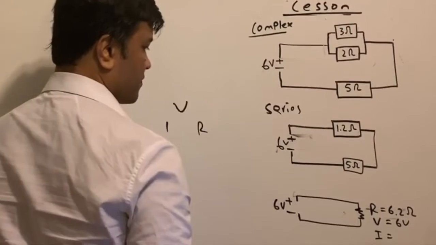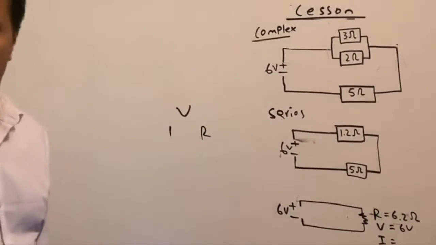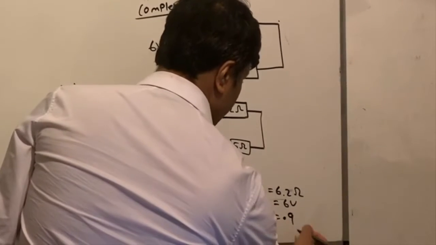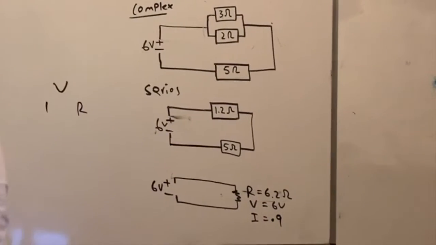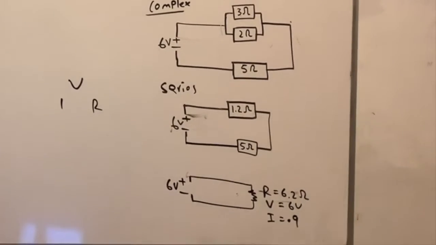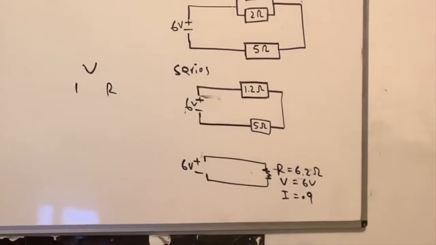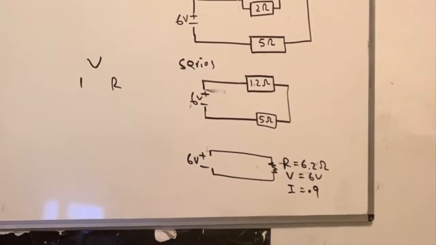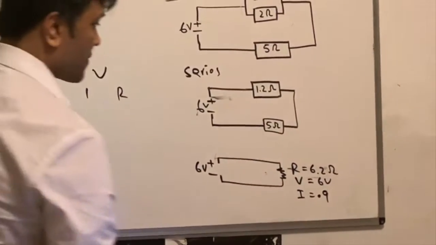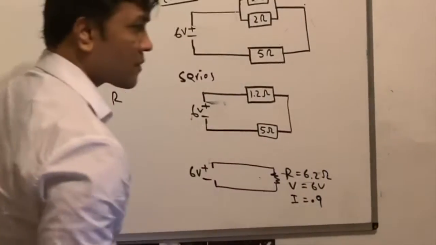0.97. Exactly 0.97? No, not exactly. I'm pulling up the actual answer. It's very complicated. 0.97. Okay. So can you say 0.98? 0.97 is fine because that's a closer estimate.